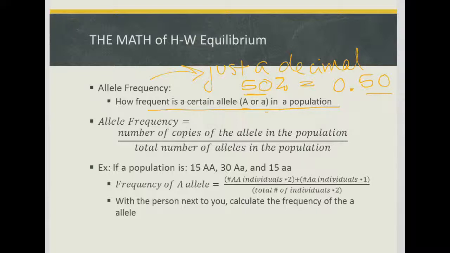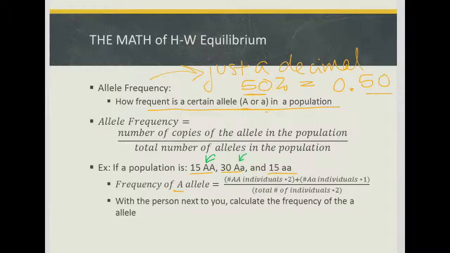So for example, if a population has 15 homozygous dominant individuals, 30 heterozygous individuals, and 15 homozygous recessive individuals, to know how frequent the capital A allele is, there are 2 capital A alleles in each homozygous dominant individual, and 1 in each heterozygote.